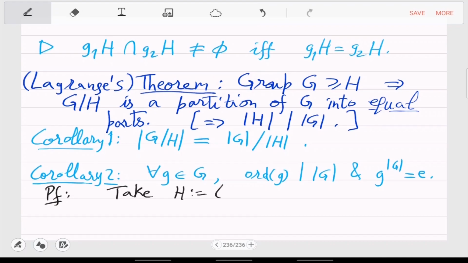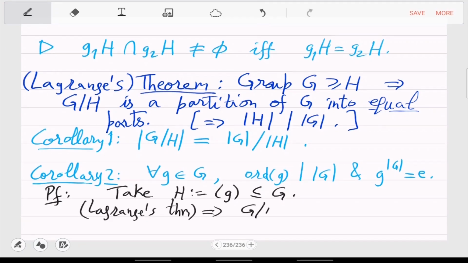Take H to be the cyclic subgroup of the big group G. So Lagrange's theorem implies that size of G by size of the subgroup is an integer, but the size of the subgroup generated by the element small g is by definition the order of g.